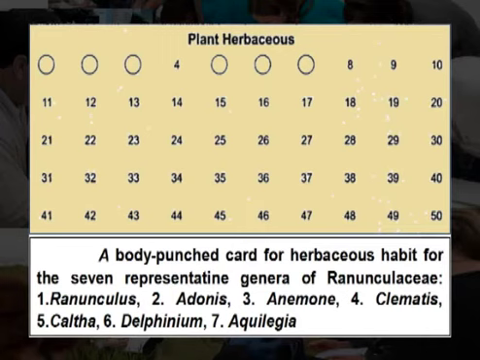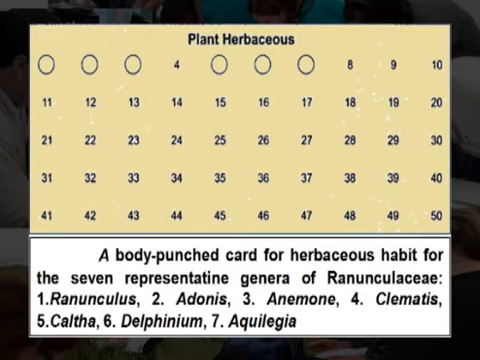In the process, one card is used for one attribute, that is, a character state. Therefore, as many cards are required as the number of attributes taken into consideration, and the taxa to be eliminated are numbered as depicted.